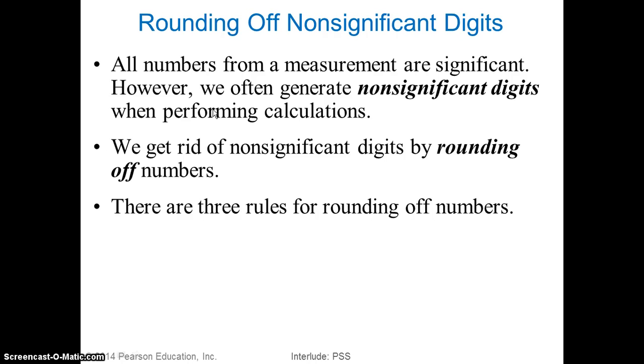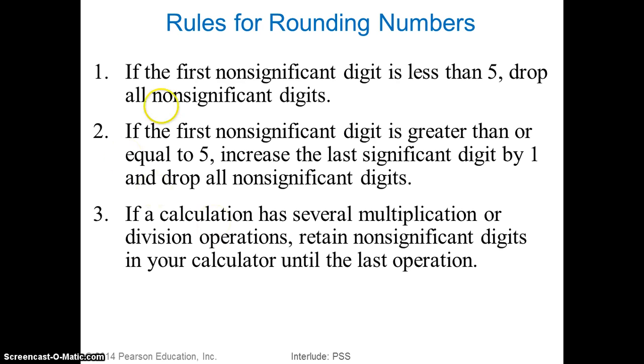Rounding of non-significant digits. So how do we round? All numbers from a measurement are significant. However, we often generate non-significant digits when performing calculations. When we round off, that means we get rid of non-significant digits. There are 3 rules for rounding numbers. Rule number 1: if the first non-significant digit is less than 5, then drop all non-significant digits.